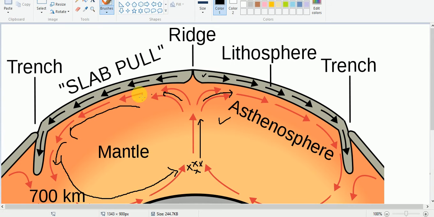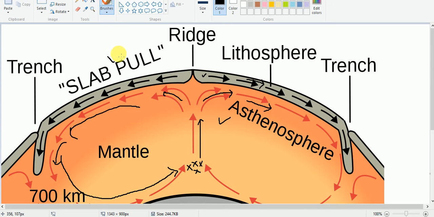In this way we have a circular movement of the magma inside the mantle, which we call convection currents. Because of this movement of the magma below the crust, the plates are moving, which we have discussed earlier.